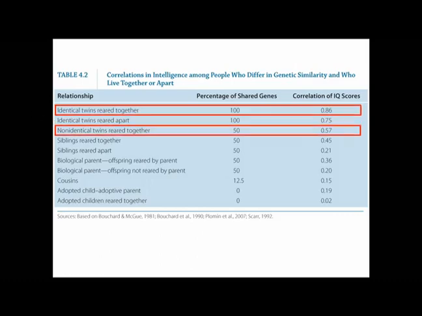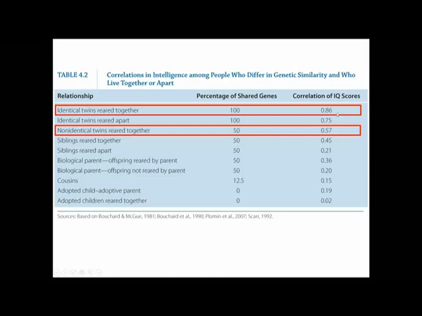Next, we can look at identical twins reared together and non-identical twins reared together. By reared together, we're saying that they share an environment in both cases. So this time, the only difference that we're seeing is that identical twins share 100% of their genes, and non-identical or fraternal twins are going to share 50% of their genes.